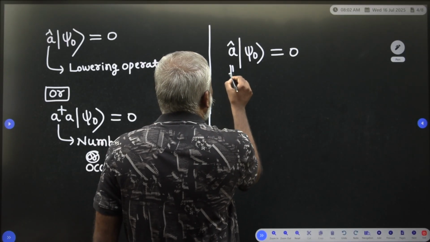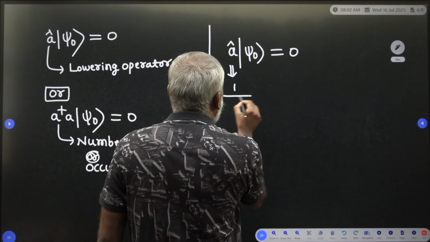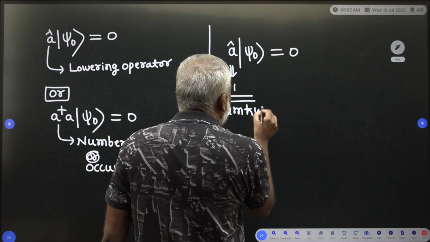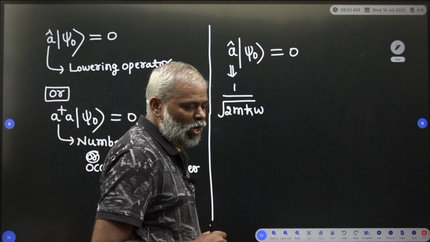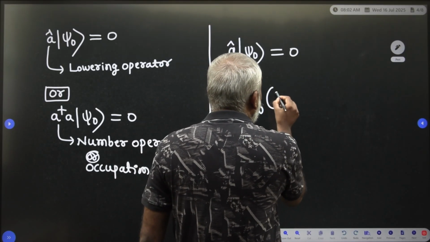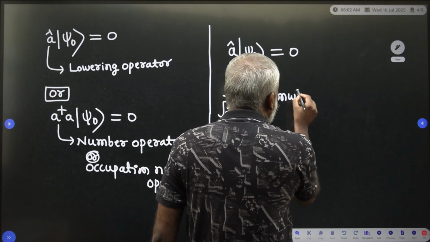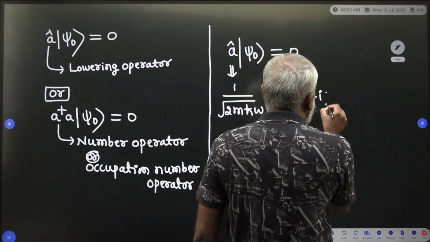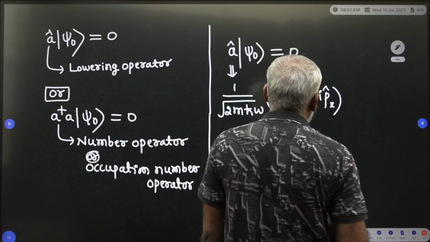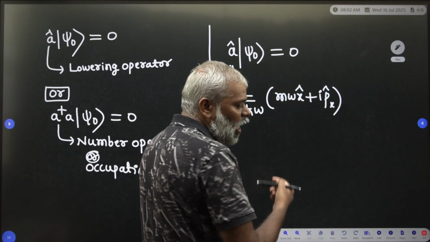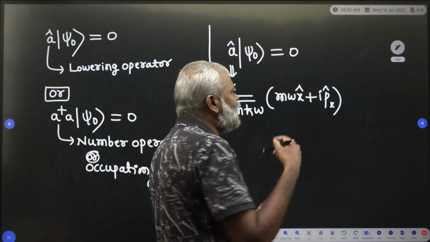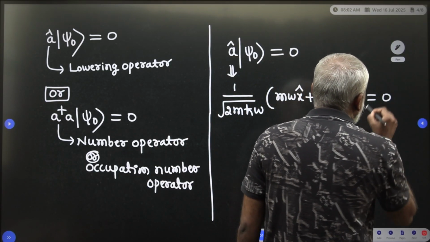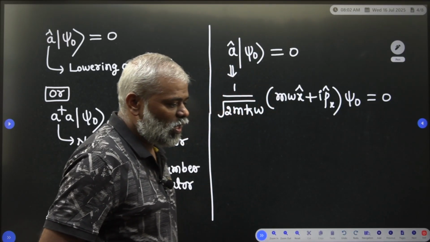So, what is our lowering operator? 1 by square root of 2mħω into (mω x̂ + i p̂ₓ). This is the lowering operator, already defined in the previous classes, into ψ₀ is equal to 0.